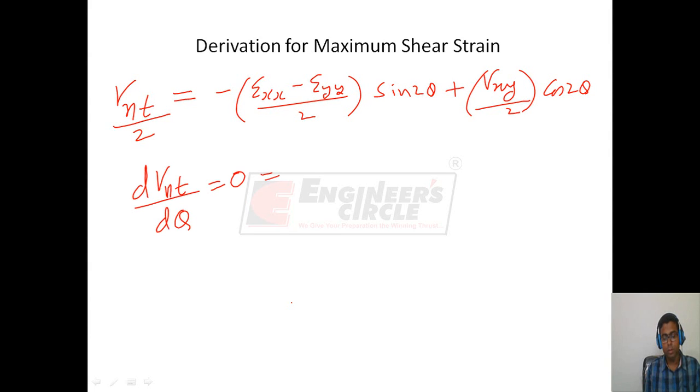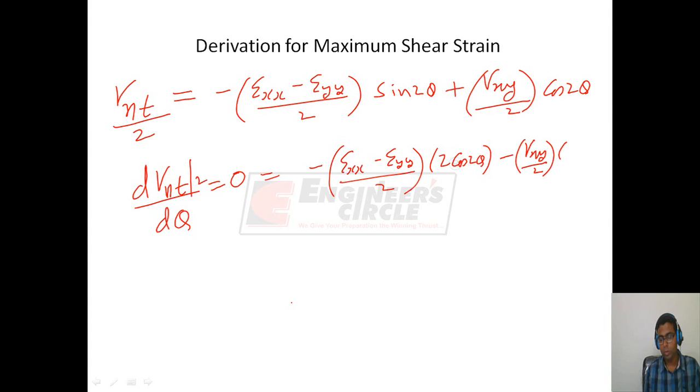We will get minus (epsilon xx minus epsilon yy) by 2 into 2 cos 2 theta minus gamma xy by 2 into 2 sin 2 theta.